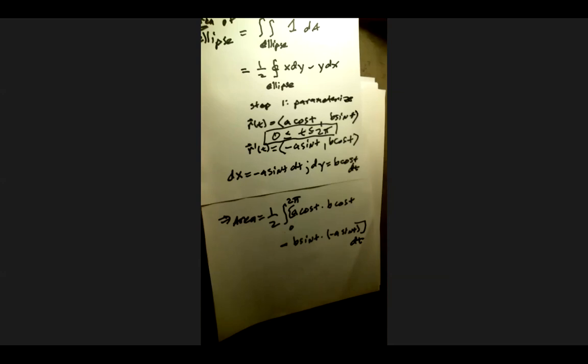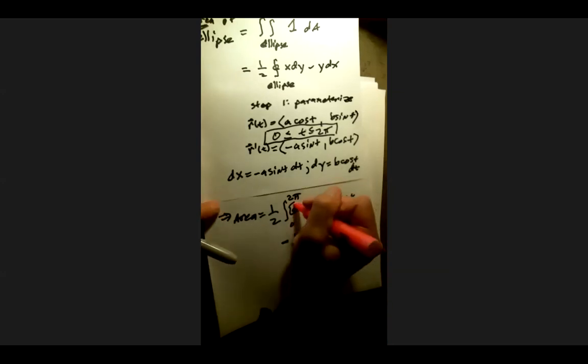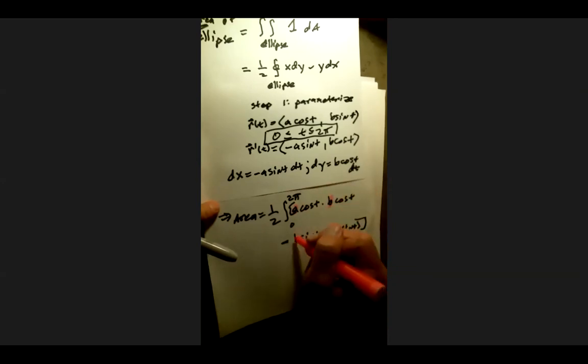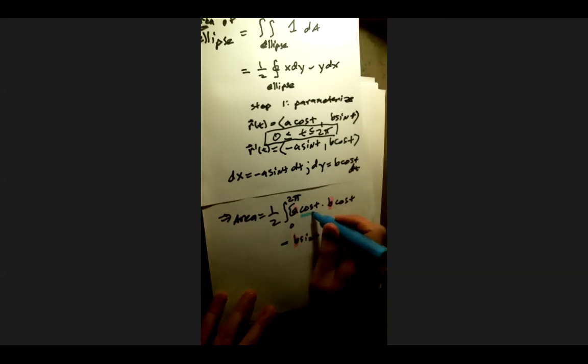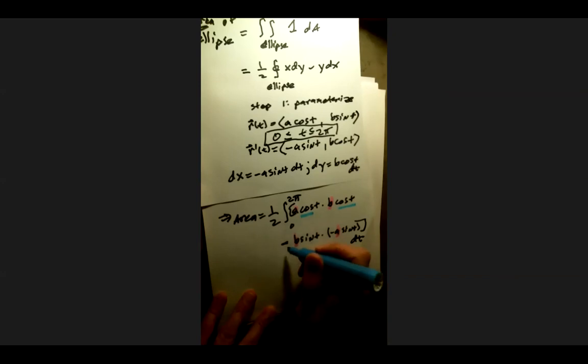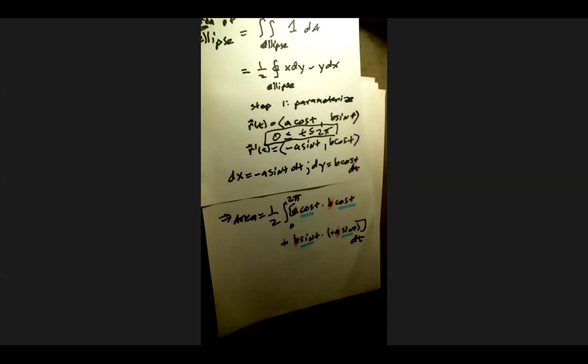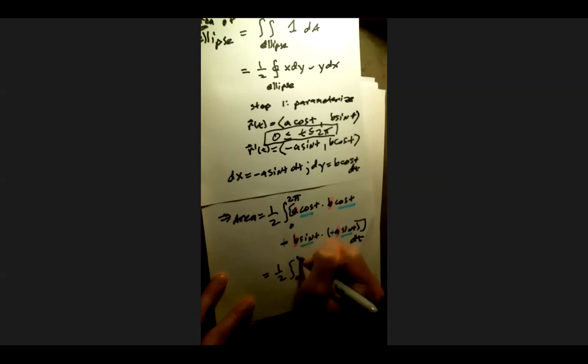You see what's going on here? You have an ab here, a ba there, and you have cosine squared plus sine squared. So all this would be the integral of what? ab dt.